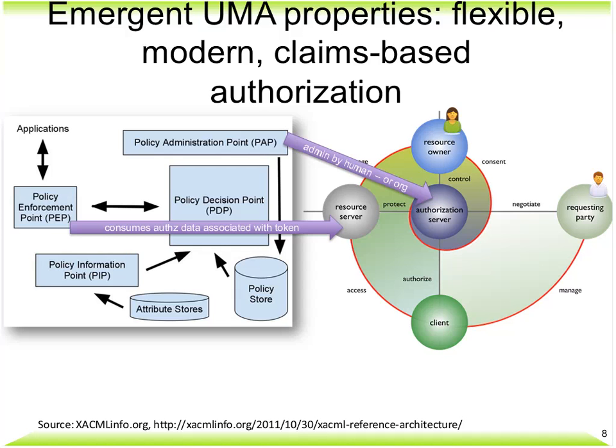Is that a hard line in UMA? Actually, it turns out not to be that hard a line, in that by virtue of profiling the token that passes between them, you can implement a lot of different models for responsibility of who is actually doing all the policy decision making. So it's an interesting extensibility point.